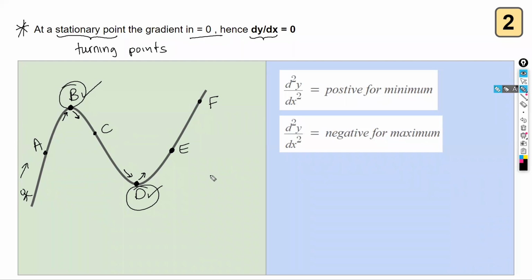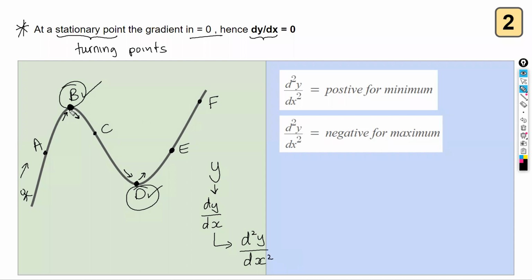If you have y and you differentiate y once, we all know we're going to get what? dy dx. But what happens if we grab dy dx and decide to differentiate it again? When you differentiate twice, you get something called d squared y dx squared, right? Now, here's the thing.